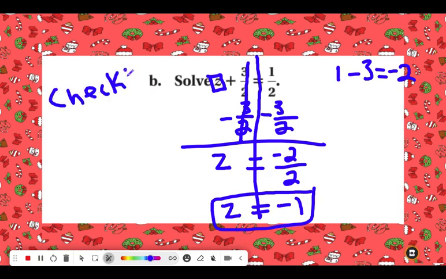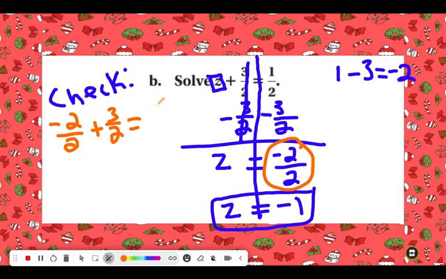Let's substitute in. Let's go with our unsimplified version to do the check. So -2/2 was our unsimplified version. So -2/2 plus 3/2. -2 plus 3 is 1, so 1/2, or 0.5. So check, it checks out. Great job.